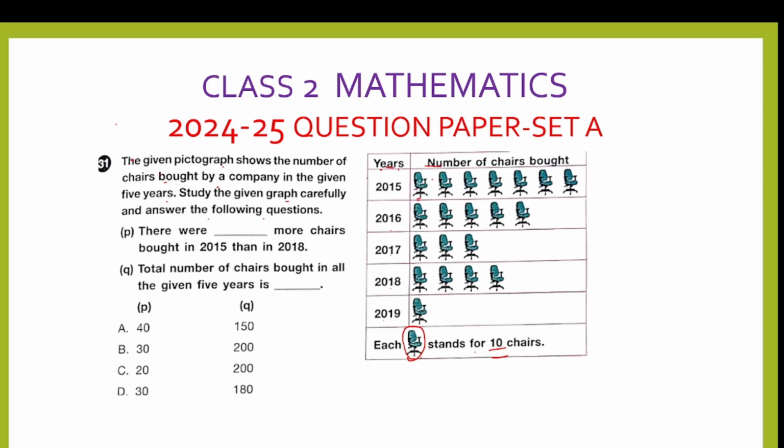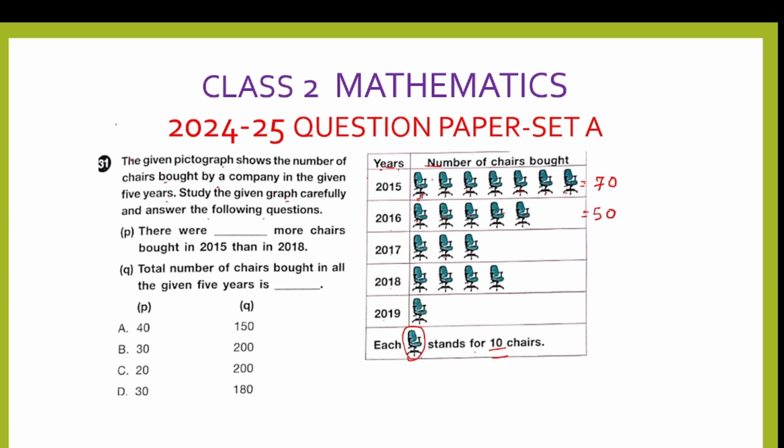So like this, in 2015 there are 10 plus 10, 20 plus 10, 30 plus 10, 40 plus 10, 50 plus 10, 60 plus 10, 70 chairs. So there are 70 chairs bought in the year 2015. Similarly in 2016, 10, 20, 30, 40 and 50 chairs.